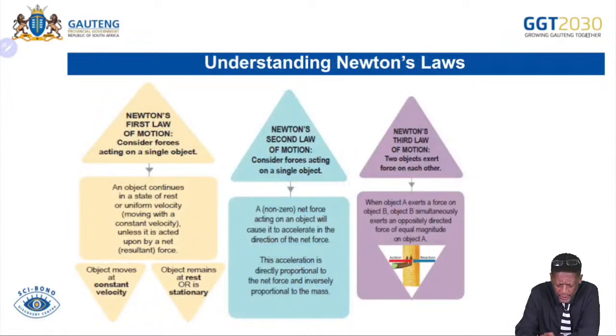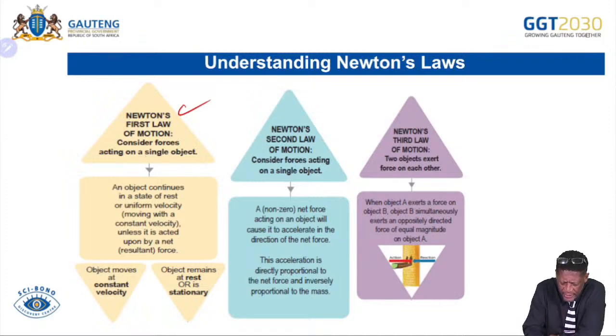Now this is Newton's first law. I said this is acting on a single object. What does Newton's first law say? An object continues in a state of rest, where we say F net equals 0, or in uniform or constant velocity, where we say acceleration is equal to 0.